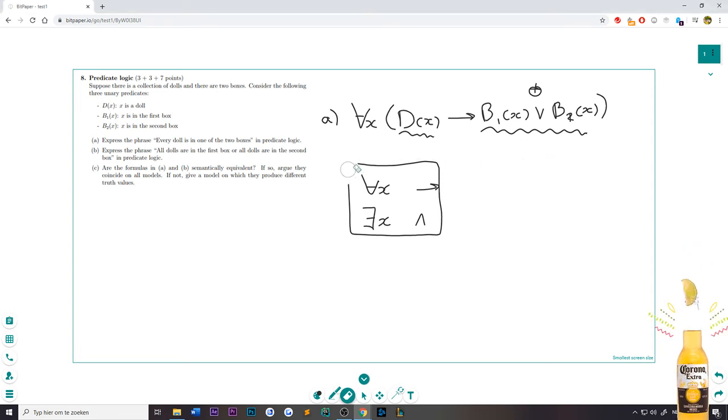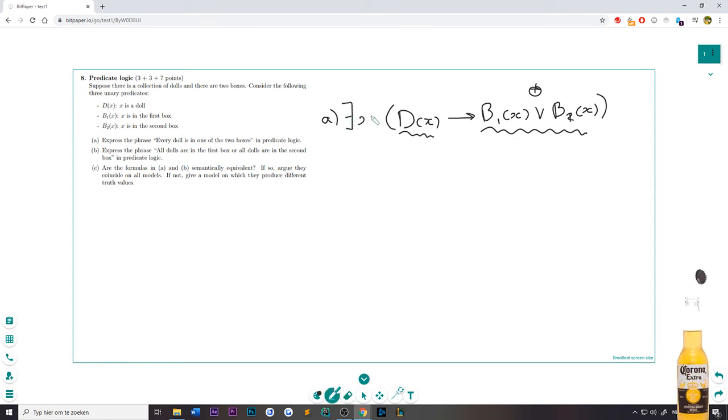Right, so it makes sense because now let's say we say that there exists some x such that it's a doll and it's in the boxes, right?